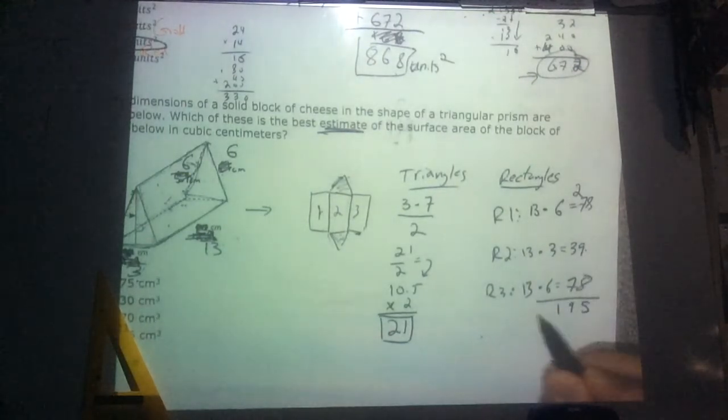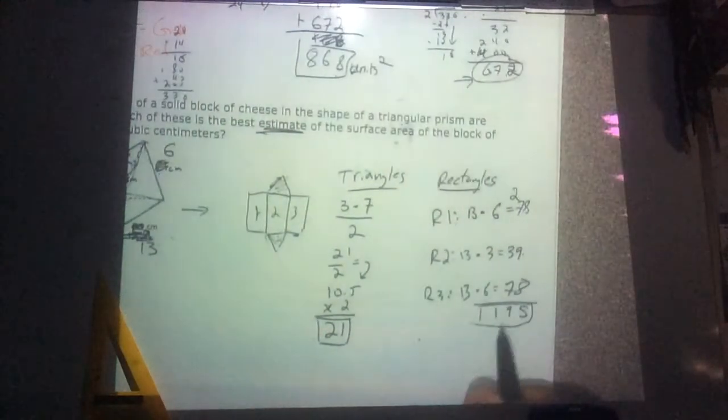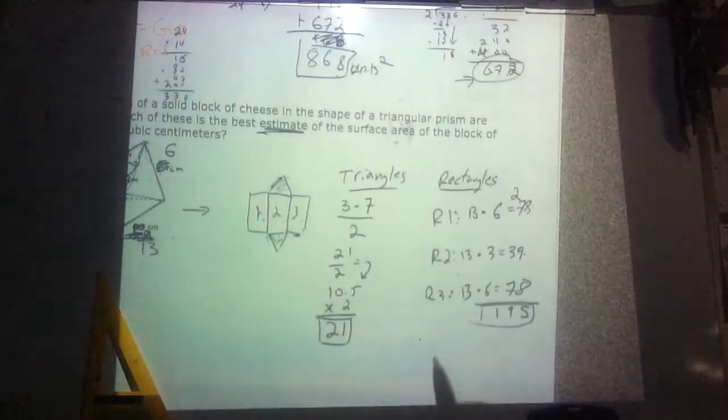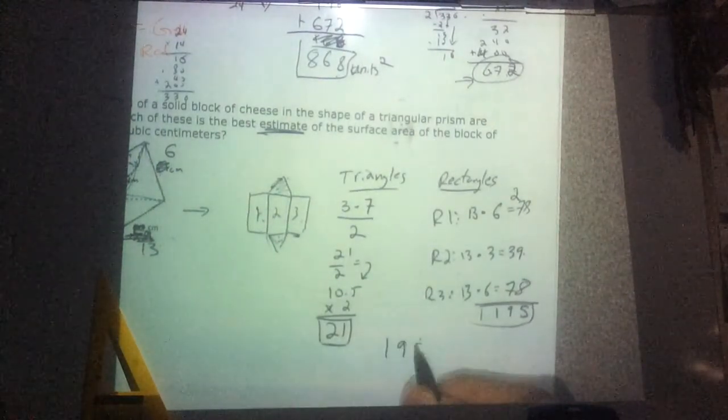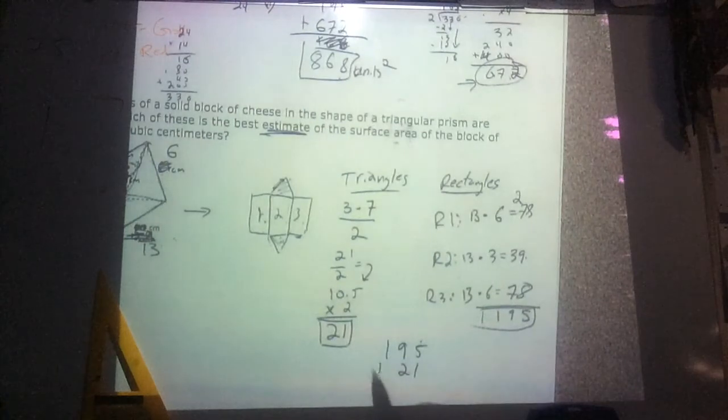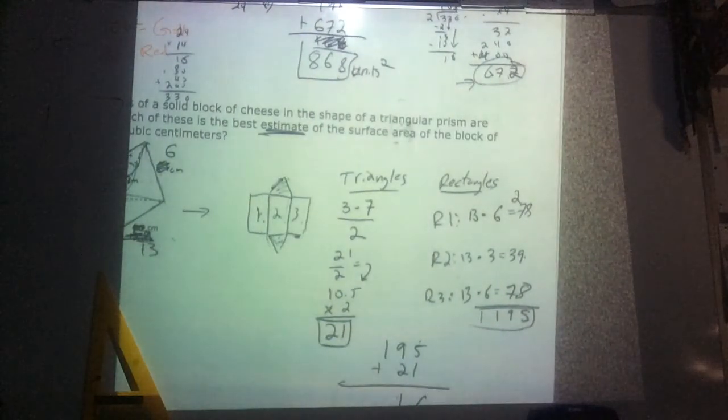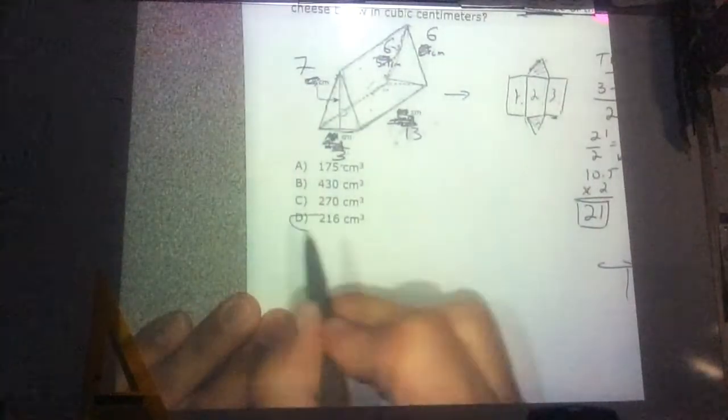So now I've got 195, which is the area of all 3 rectangles. So now I just need to add 195 plus 21, which gives me 216 square centimeters, which is going to be D.